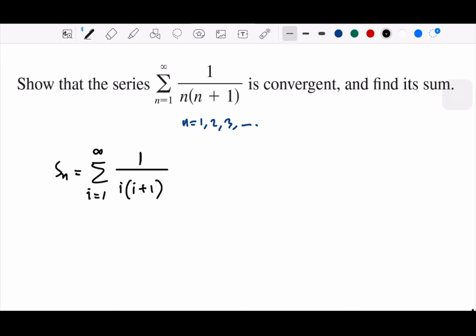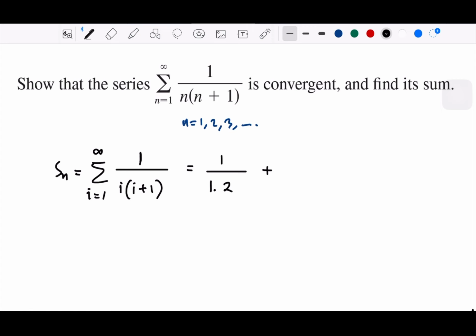If we take i equal 1, 1 plus 1 is 2, so it will be 1 multiplied by 2. I will write in terms of these multiplications to see whether we have some patterns, because if we multiply just as it is, maybe we are not going to see the patterns.